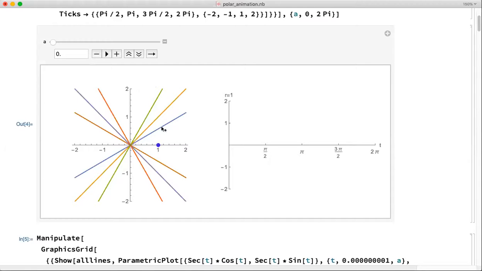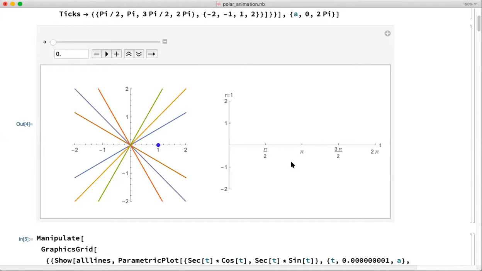I've just drawn some spokes at the standard angles in trigonometry. So you can see the x-axis is theta equals 0. Just watch the cursor. The blue spoke is theta equals pi over 6, pi over 4, pi over 3. The y-axis is pi over 2, and so on. So these are the standard polar angles. I didn't label them in this picture, but that's what they are.